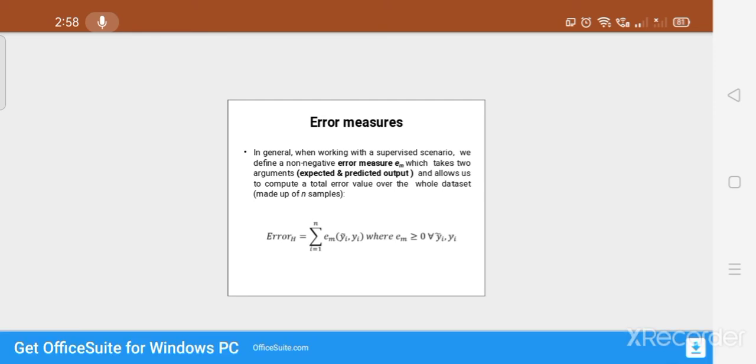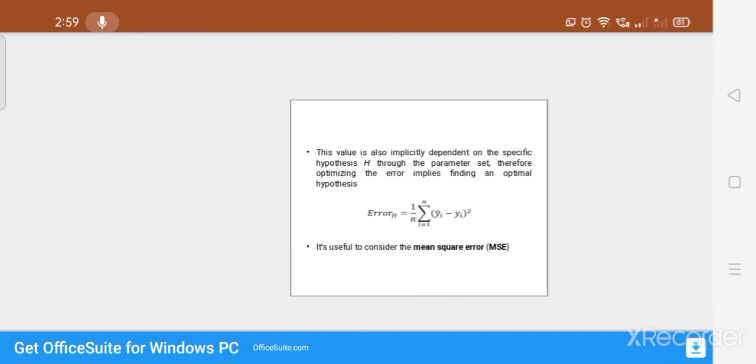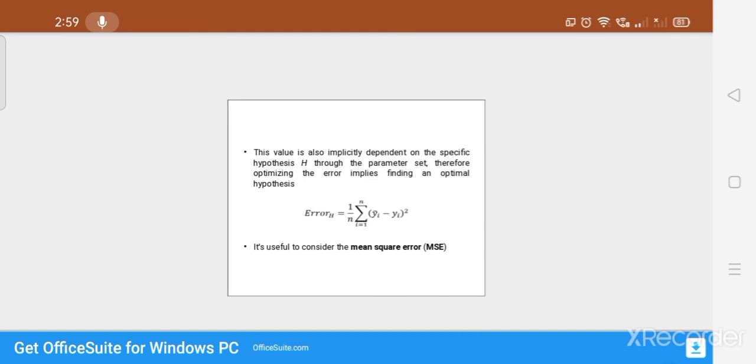Expected is denoted by yi bar and predicted is denoted by yi. This value is also implicitly dependent on the specific hypothesis h through the parametric set.